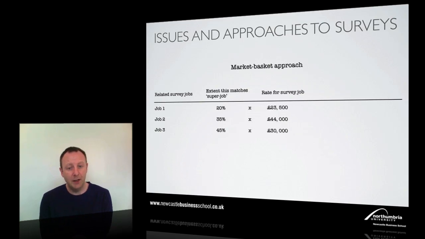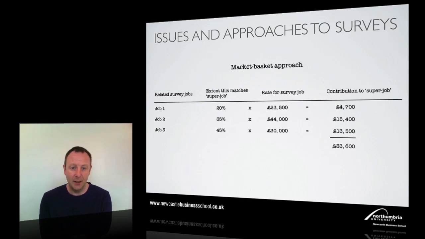So you identify the rates of pay for those related survey jobs, and you do a multiplication of the rates of pay multiplied by the proportion of that survey job in your job, and then you do a quick addition of those various elements. So we can see that the rate for survey job 1 is about 23,500, but that only accounts for a fifth of your job, and so that equates to 4,700, and so on through job 2 and job 3.